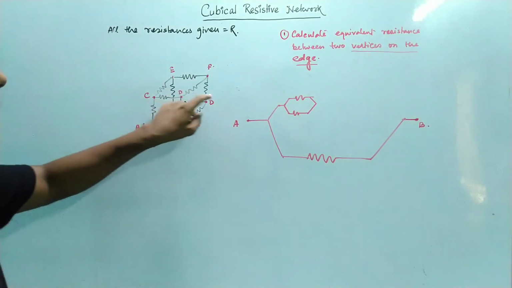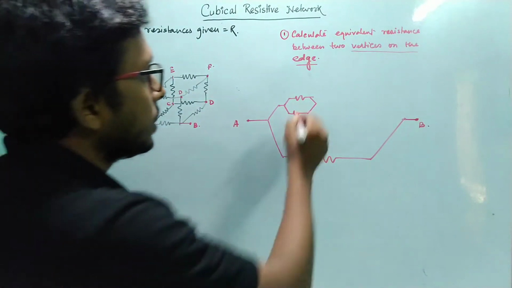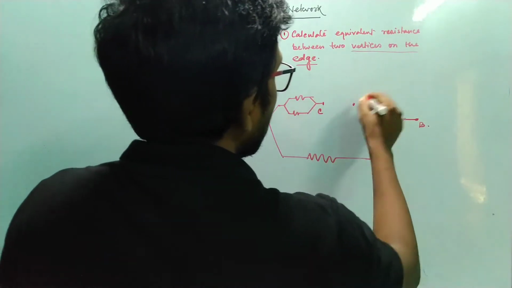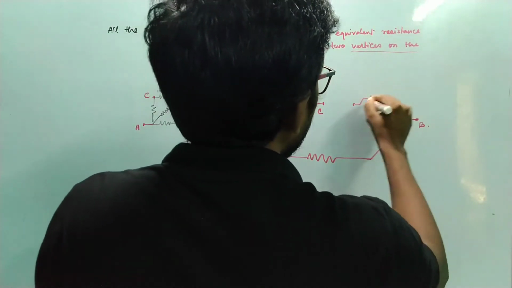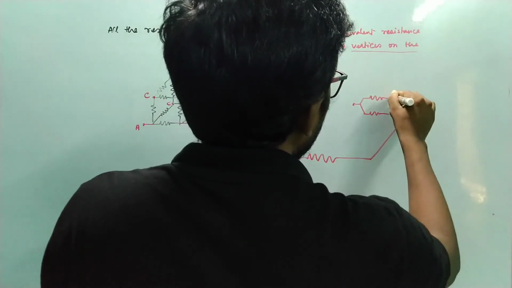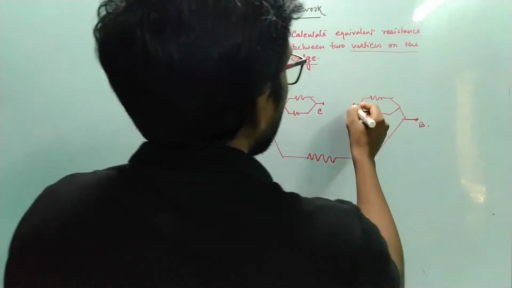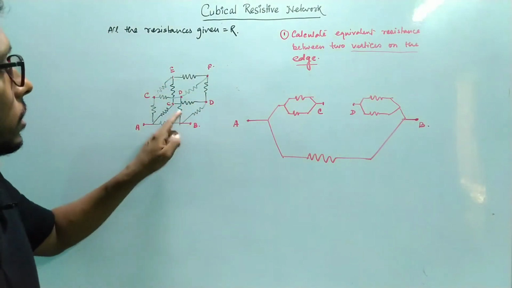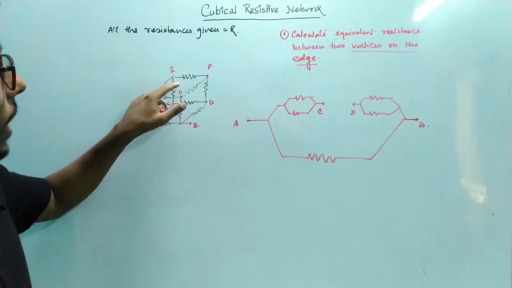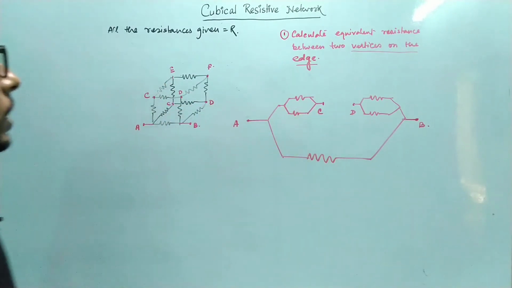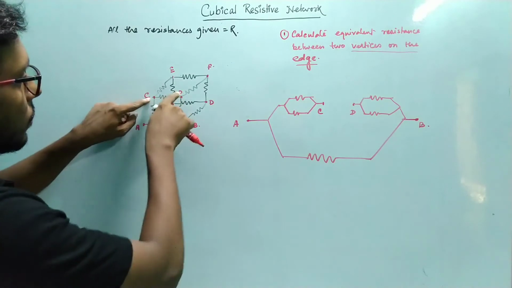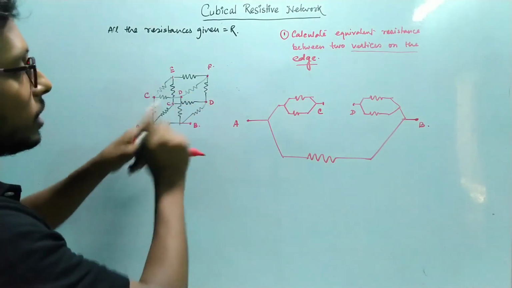Similarly, from B there are 2 resistances which are ending at D. So this point is C and this point is D. These 2 resistances are starting from B and are ending on D. Now in between C and D, you can see there are 2 resistances.